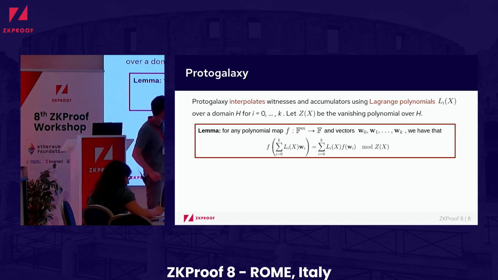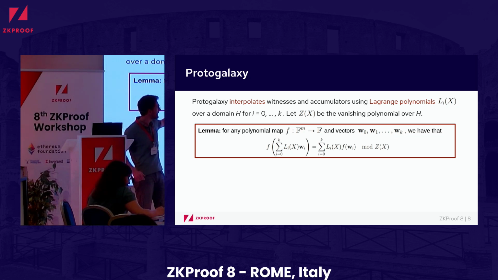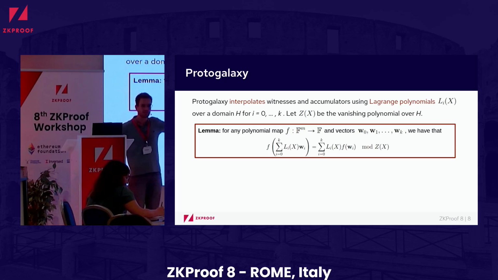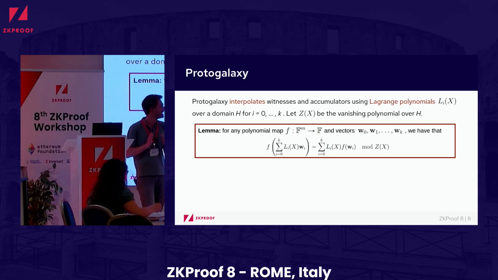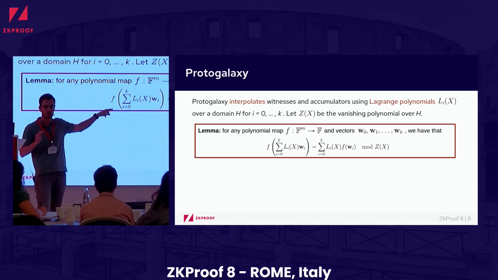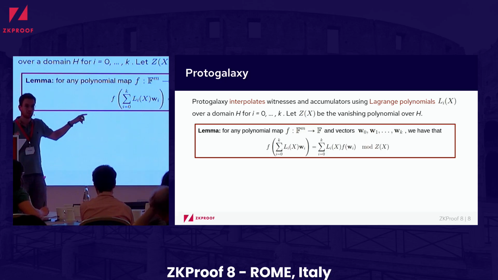We really can take f, take the Lagrange polynomials outside of the sum, and put them on the right side, evaluating only the witnesses. And if you've been following me, every witness that is coming from a base relation satisfies that f of wi is 0, because it is a valid witness.